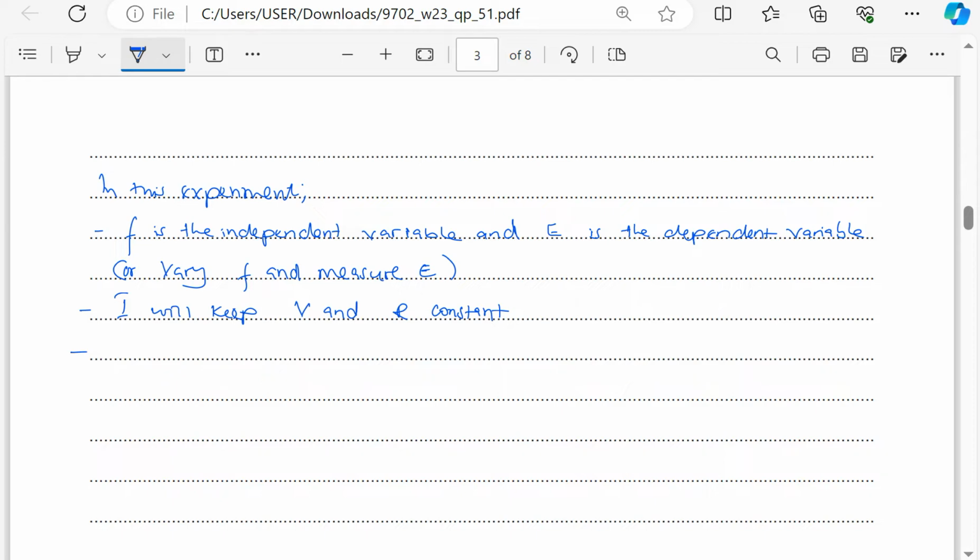I'll keep the number of turns on each coil constant throughout the experiment.